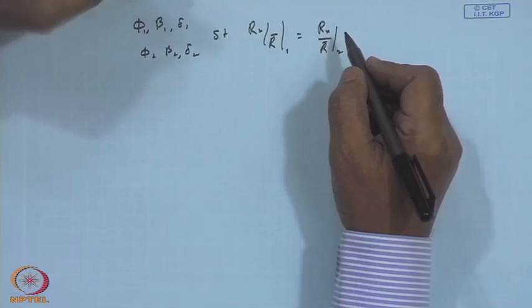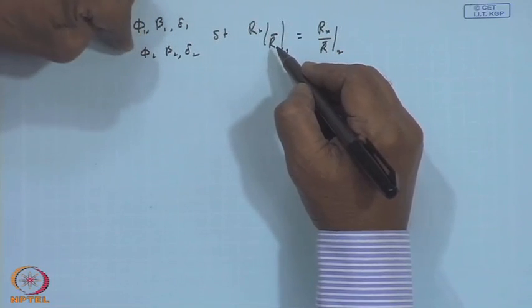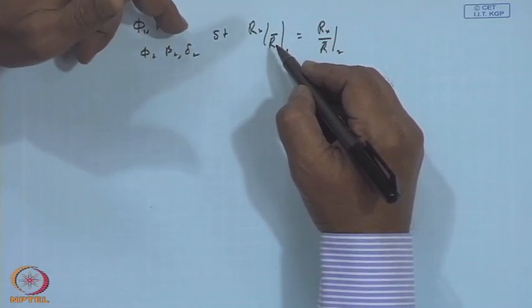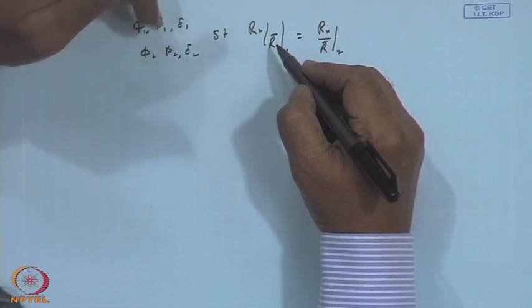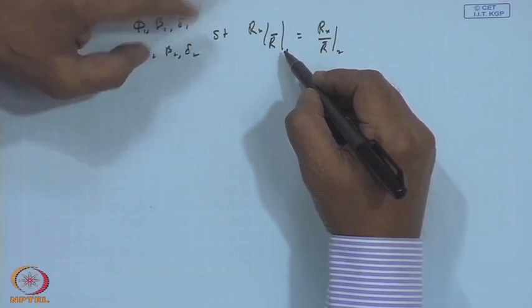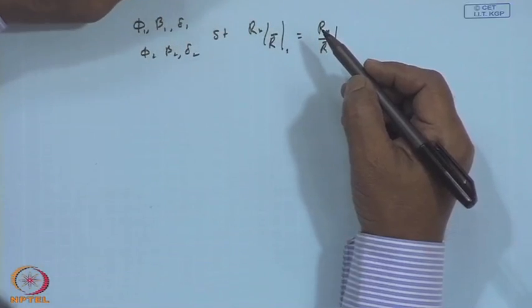Phi 1, beta 1, delta 1 I will arbitrarily choose, find out R n by R bar, assume a particular phi 2, delta 2 is not in my hands, find out a beta such that these 2 variables are equal. So, 2 of them are free. Consequently, 2 of them can be fixed such that this ratio is equal to this.